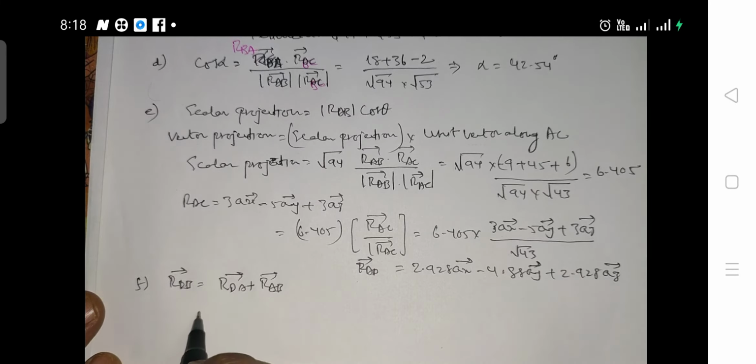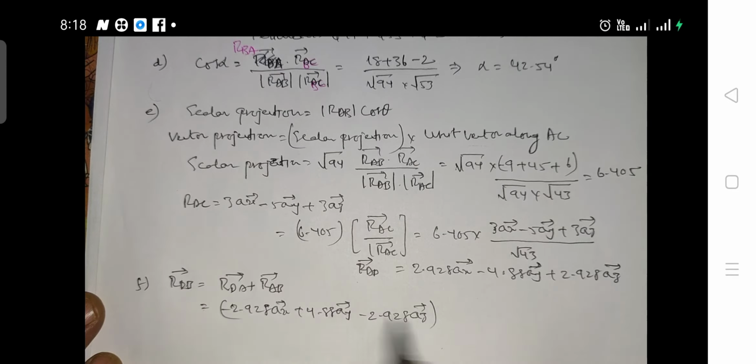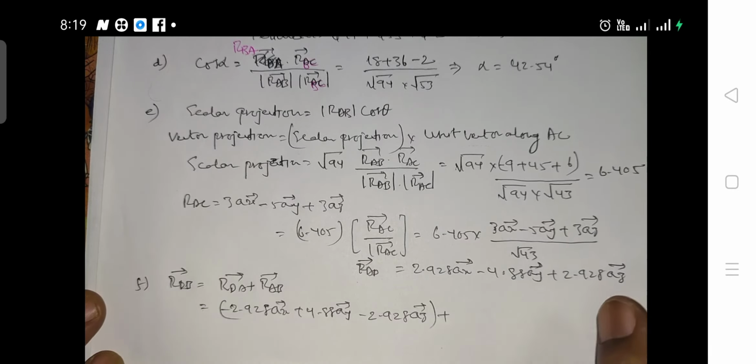If we add these two things, we get minus 2.928 AX bar plus 4.88 AY bar minus 2.928 AZ bar plus R AB, which we have already calculated.